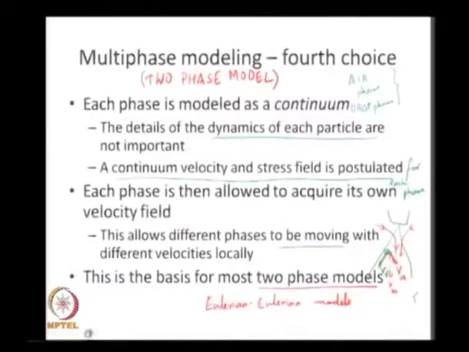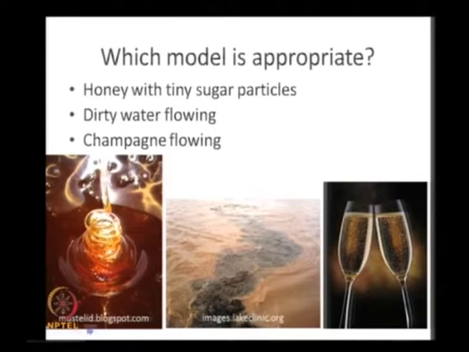So, let us now look at how one would go about choosing the model suitable for a given application. To answer this question, we will take 3 different multi-phase flow problems, and then see what the physics involved is in each of these 3 problems, and from there arrive at a modeling choice methodology.